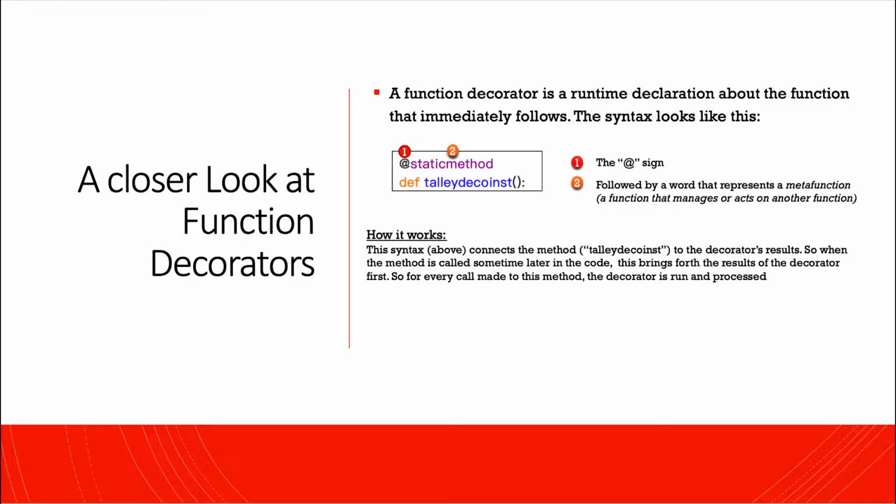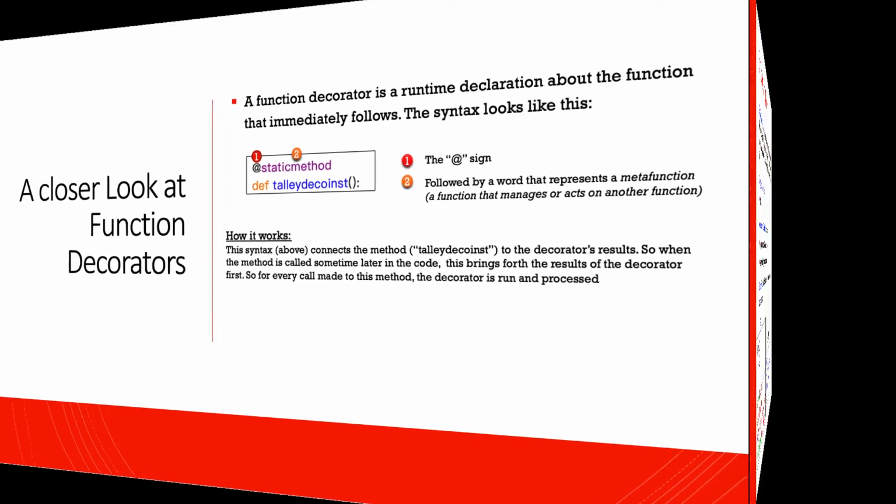And that's immediately followed by the actual function that we want to decorate. The syntax above connects the method tally_deco_inst to the decorator's results. So when the method is called sometime later in the code, this brings forth the results of the decorator first. So for every call made to this method, the decorator is run and processed.